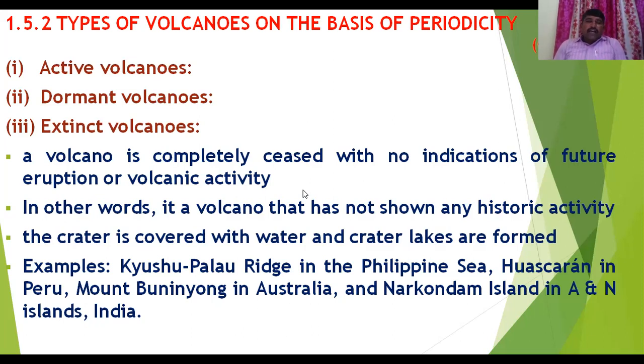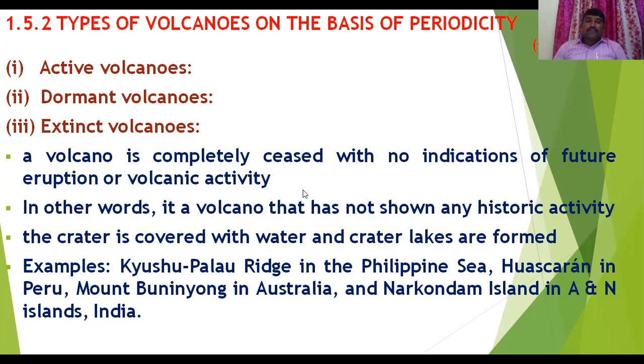It may be pointed out that it is rather difficult to classify a volcano definitely as active, dormant, or extinct. Some of the volcanoes that are dormant today may become active tomorrow.